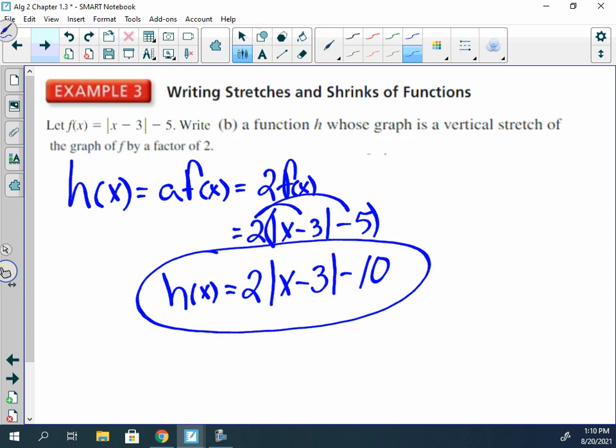And that is h of x. And that's all we have to do on this here. Not too bad. All of these so far, each step has been pretty easy.